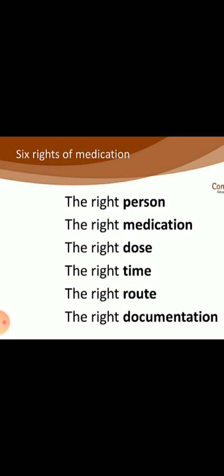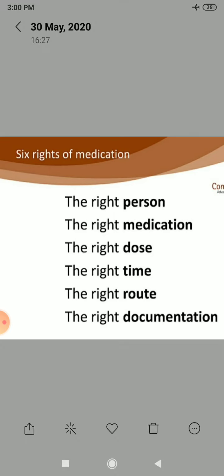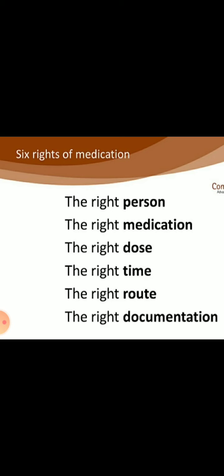Dear students, let's look at each of these rights a bit closer. So these are the 6 rights of drug administration. The first is the right person, second is right medication, third is right dose, fourth is right time, fifth is right route, sixth is right documentation.